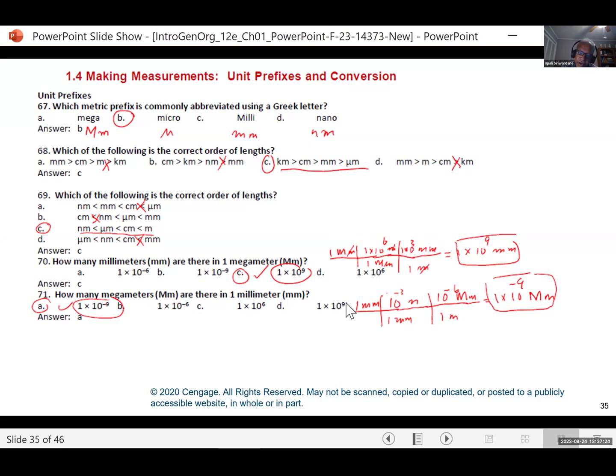So you start with 1 millimeter, convert it to meters. 1 millimeter is 10 to the negative 3 meters. And meters converted to megameters. So 10 to the negative 9. So you get the answer. This is pretty simple if you follow the procedure.